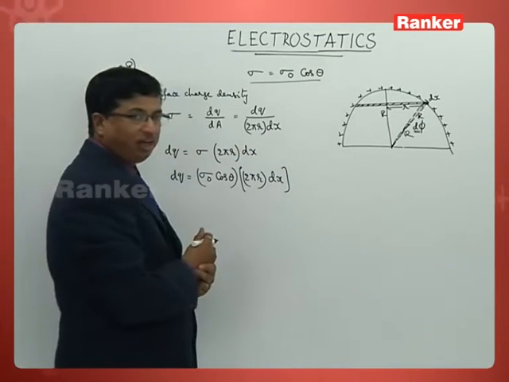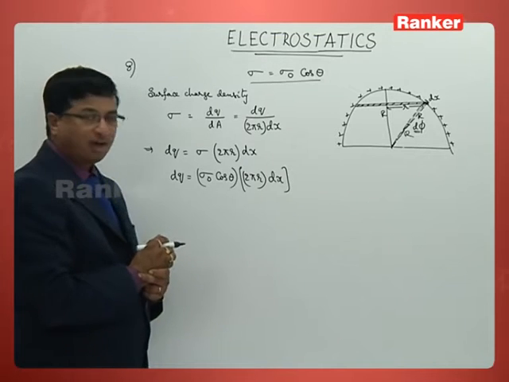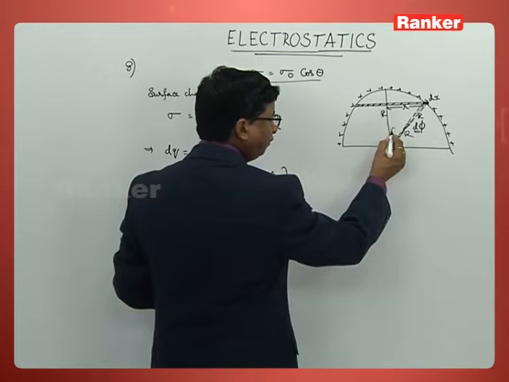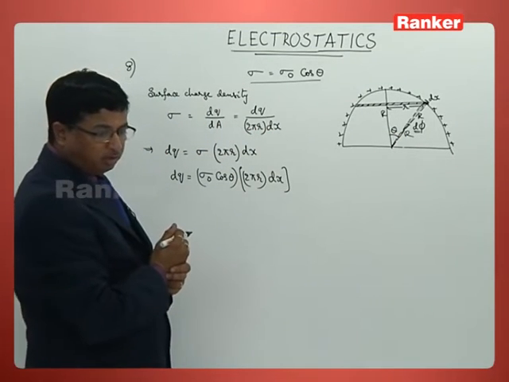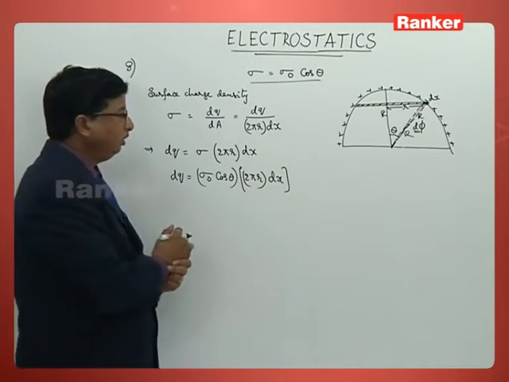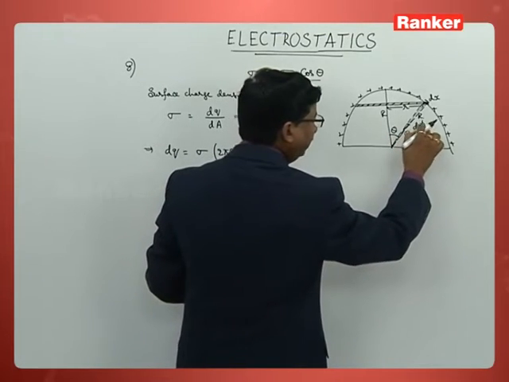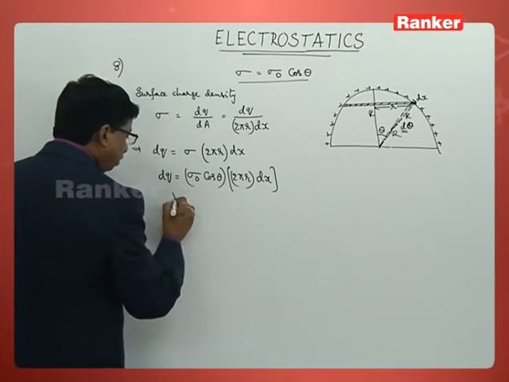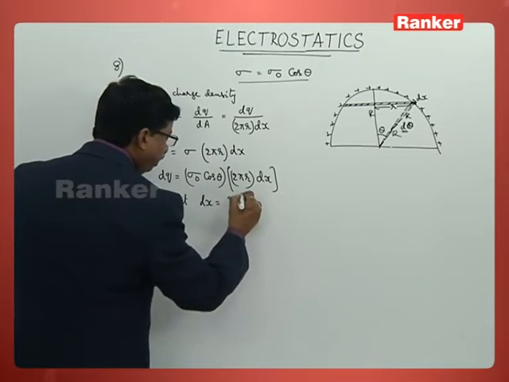So we can write that one directly as r into d phi, and this angle, let us take as theta. If I take this angle in terms of theta as d theta, then I can directly write dx is equal to r d theta.